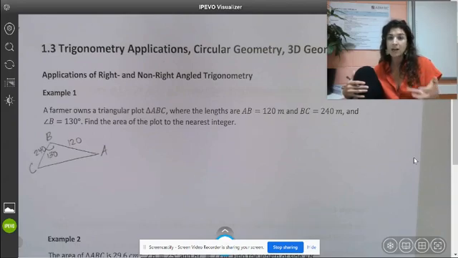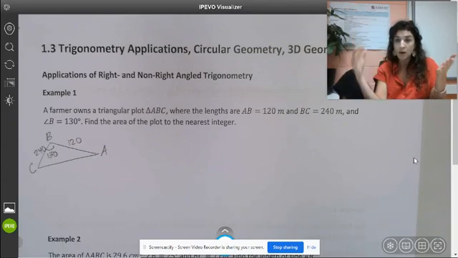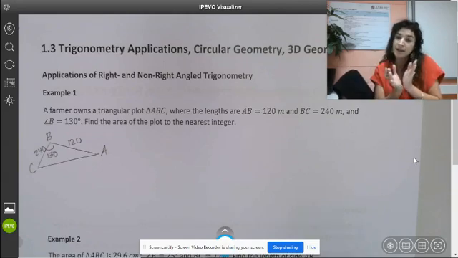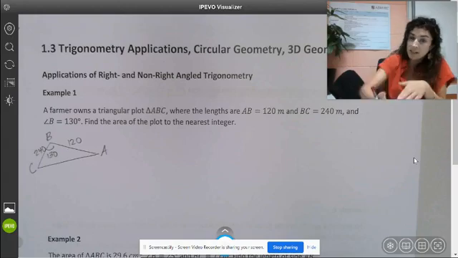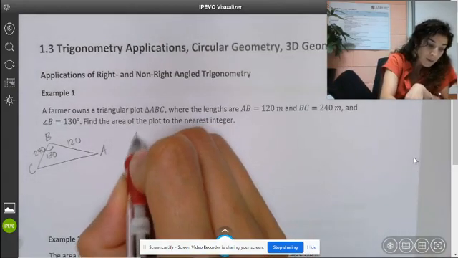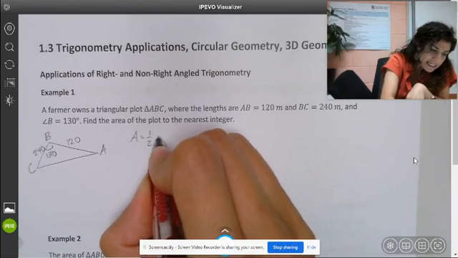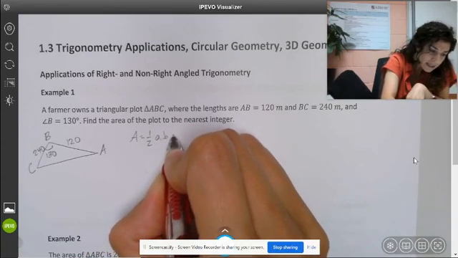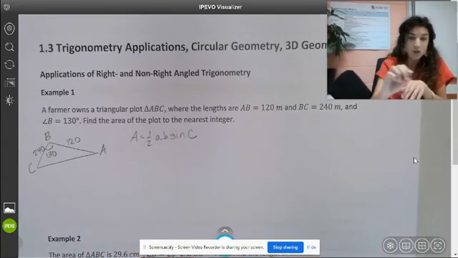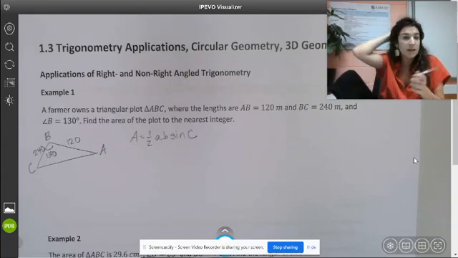Now, to find the area, it might be easier to see that what you have are two side lengths and the angle in between, for which you have a trig area formula. I'm going to write down that formula now. Remember that the idea is 1/2 ab sine of C, which means two side lengths and the angle in between.